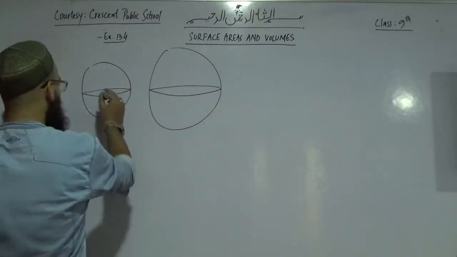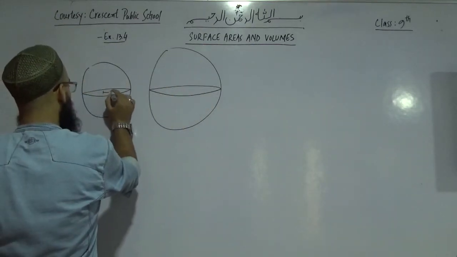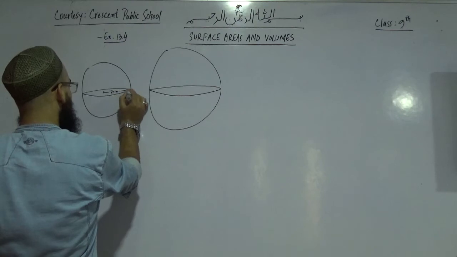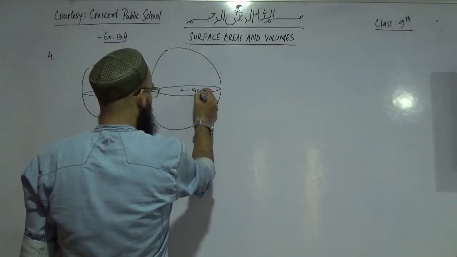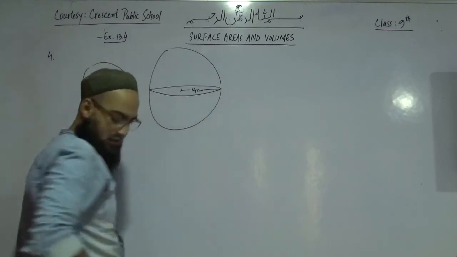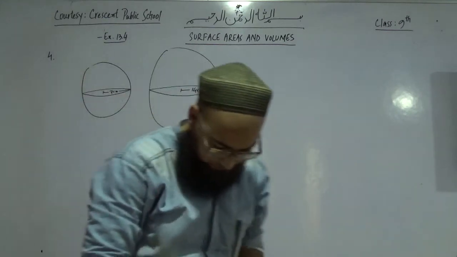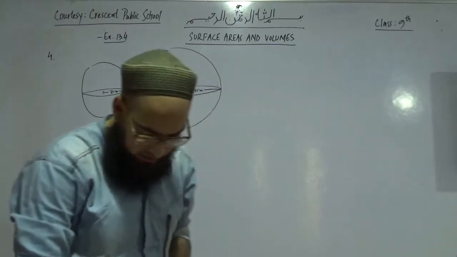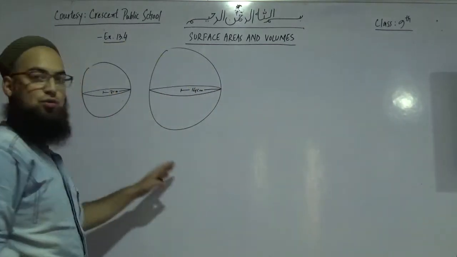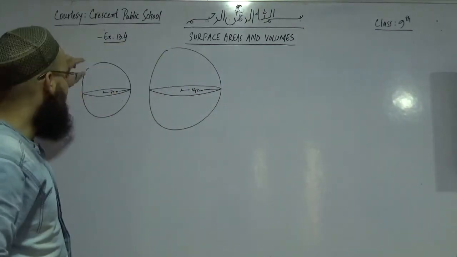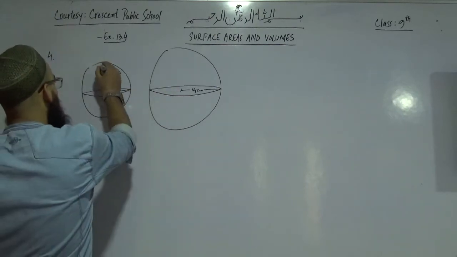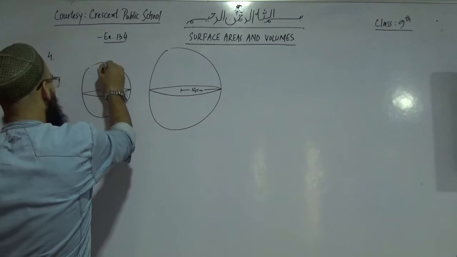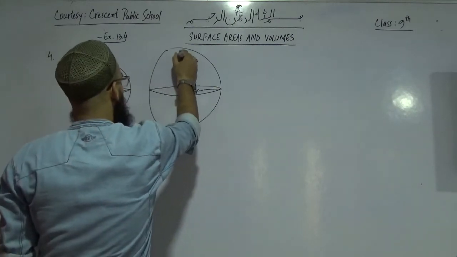Now here radius is 7 cm and here radius is 14 cm. Now what you are going to do, find the ratio of surface areas of the balloon. Find the total surface area of this, then the total surface area of that. Let us say this is sphere 1 and this is sphere 2.